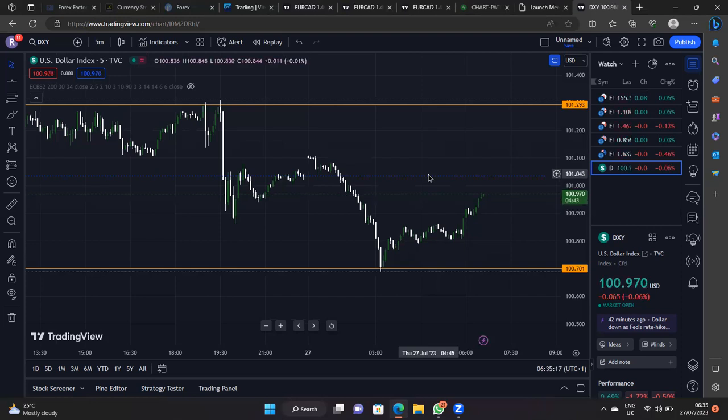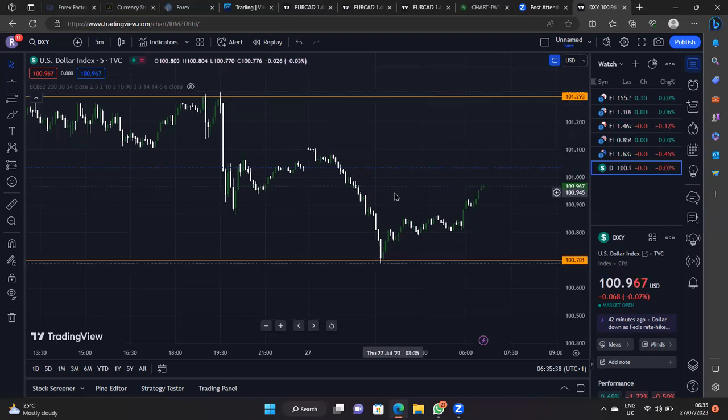Sometimes you bend the rule to suit your style of trading. Now, this could be a very reliable support and resistance for day traders, but to you, you're looking for something more, something bigger, something better. You're a sniper. You're a sniper in the market.